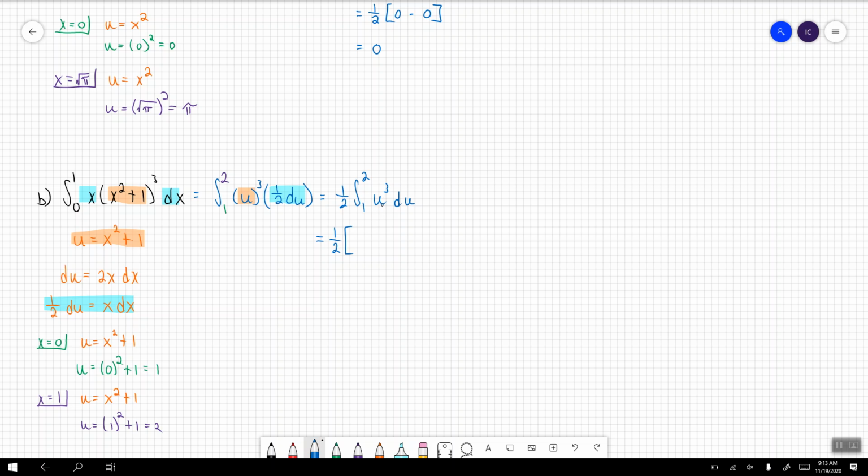For the antiderivative, I'm going to add 1 to the exponent, so that's going to be u to the 4th, multiplied by the reciprocal, that's 1/4. And I'm going to evaluate this from 1 to 2. Again, this is a definite integral, so I am not using a constant.